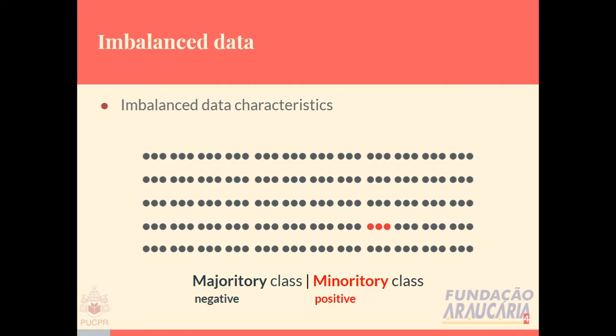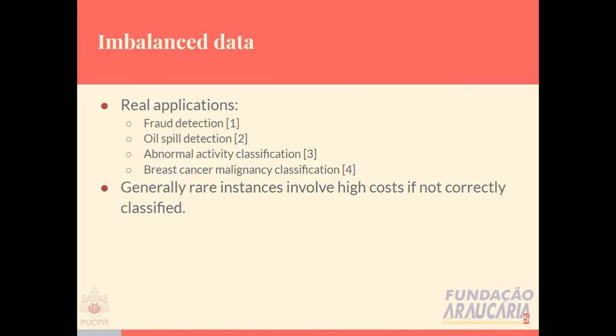This phenomenon is present in applications such as fraud detection, oil spill detection, abnormal activity classification, and breast cancer malignancy classification. And as you can see, the minority class is very often more relevant than the majority class. In these examples, hard instances involve high costs if not correctly detected.